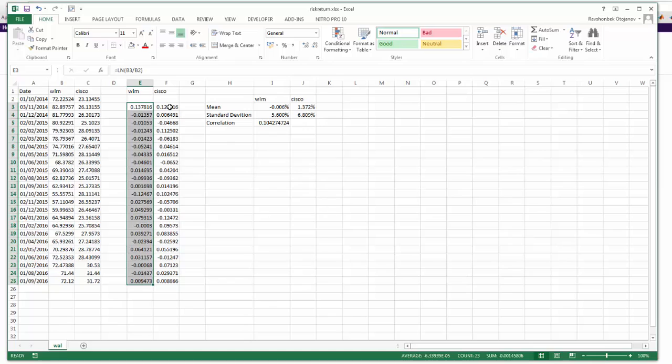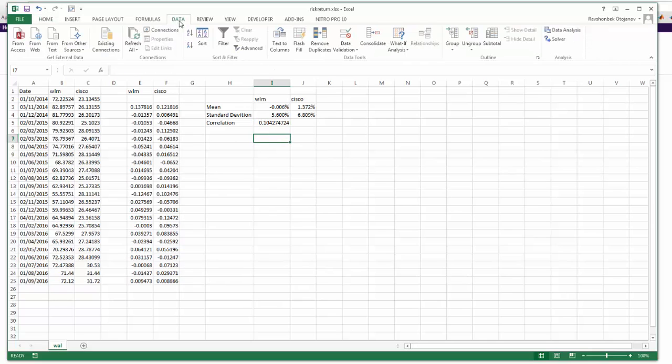In that case, we would expect Cisco stocks to go up, so that the loss in Walmart is compensated for by appreciation in the Cisco stocks. That's why we prefer a negative correlation, or low correlation, or basically no correlation. This would give us efficient diversification as well, when the correlation is not strong and positive between the two.